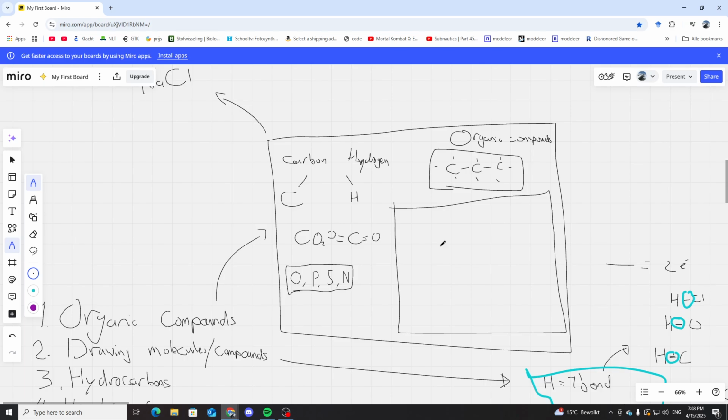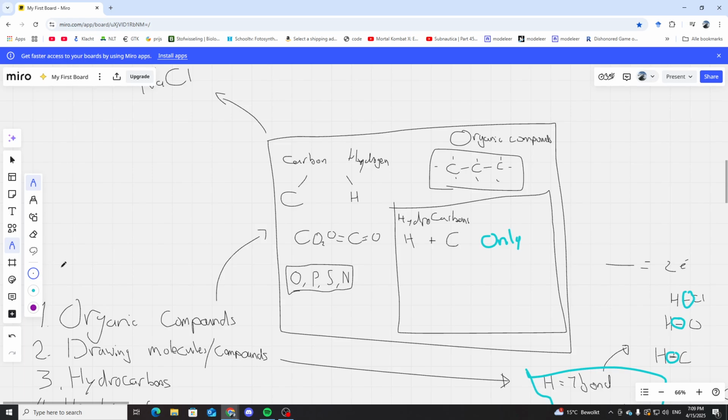So within this large group that contains C and H and can have other things, we have a smaller subgroup called the hydrocarbons. And as the name suggests, hydrocarbons are made of hydrogen and carbon. But this time, nothing else. So it is only hydrogen and carbon.